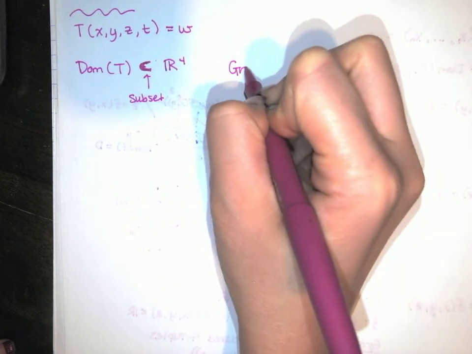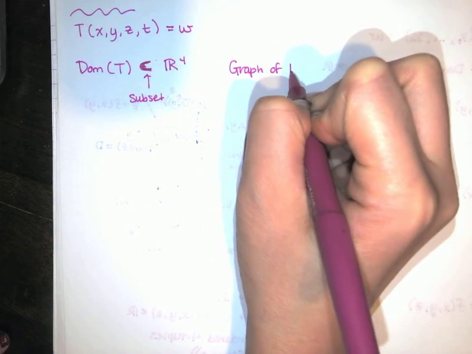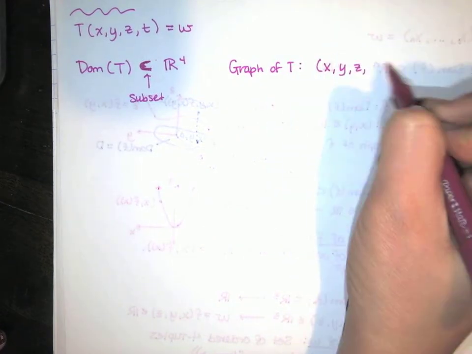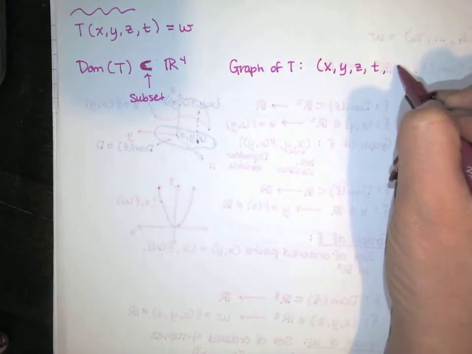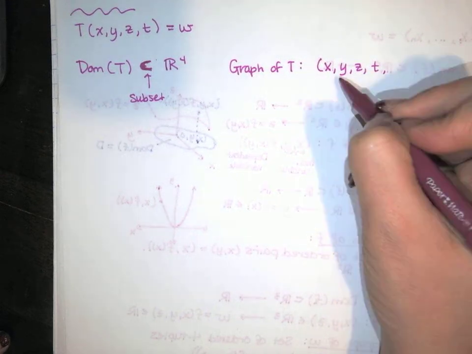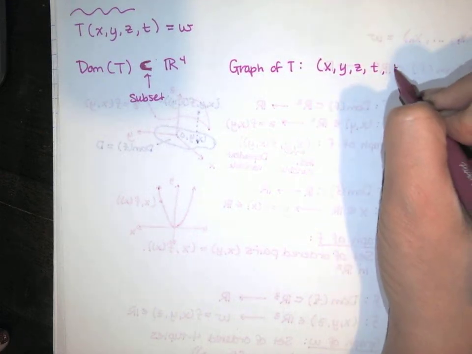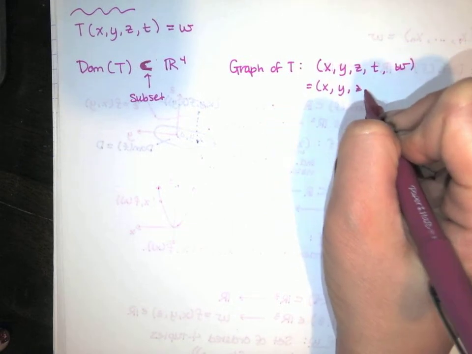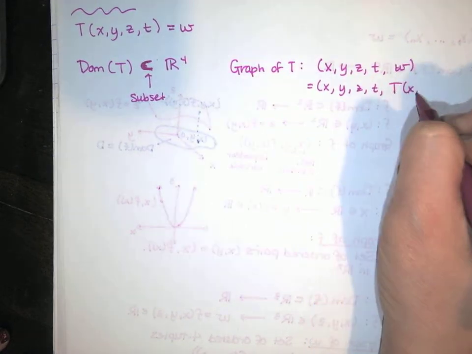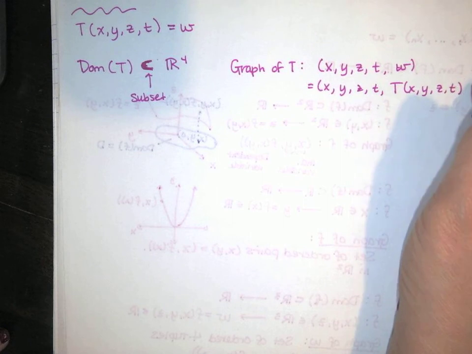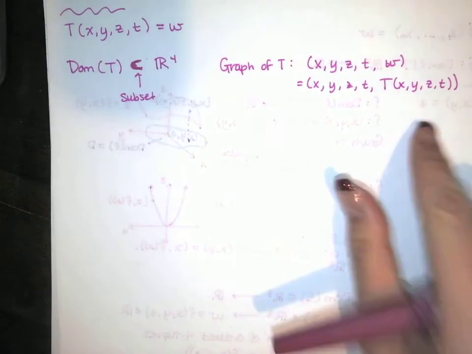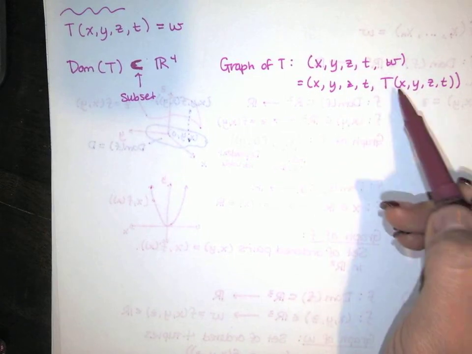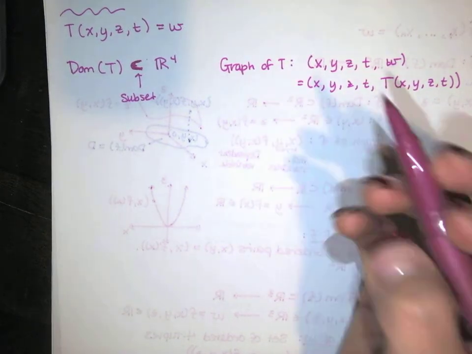But the graph of this is going to consist of points like this: x, y, z, t, and then the temperature that goes with that particular x, y, z in time. So that W. Or if you prefer, you could say x, y, z, and t, and the temperature at x, y, z, and t. So this graph lives in 5-dimensional space because I've got 4 independent variables and 1 dependent variable.